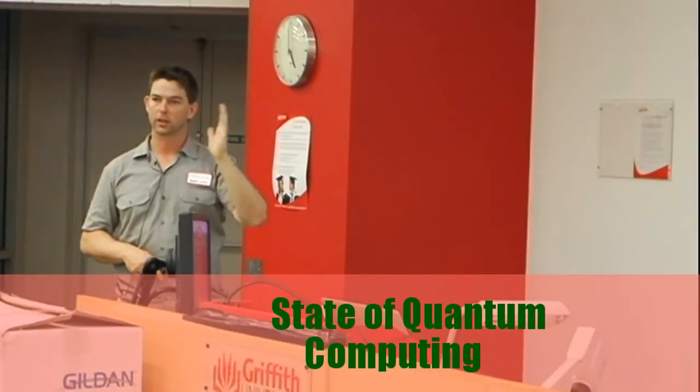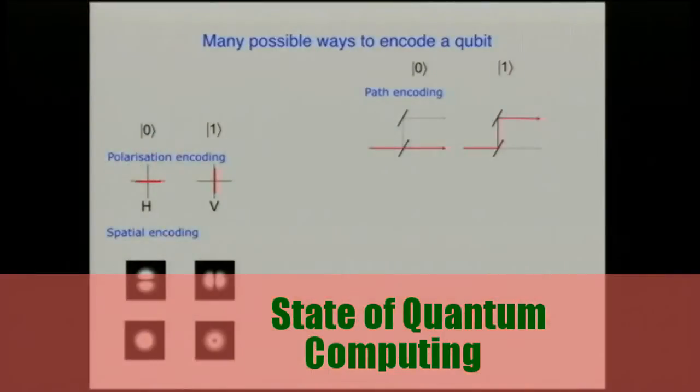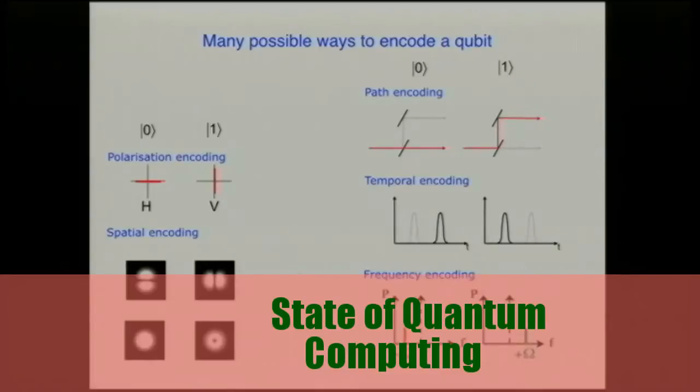Light that goes through sunglasses that are twisted by 90 degrees is the vertical polarization. We might denote that as the 1 state. So the physical state of the light, which path it goes through, which polarization it has, can be used to encode information. And there's a variety of other properties of light that can be used also to encode information.